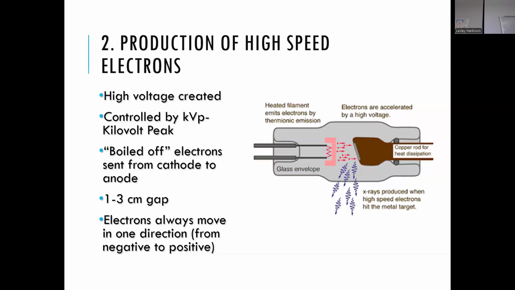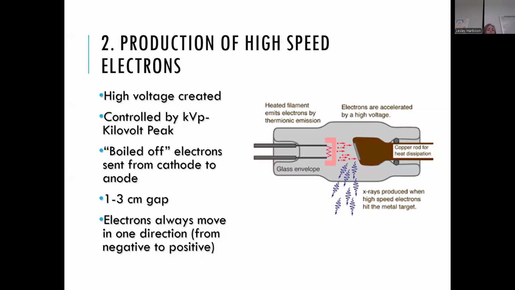But what you do need to know is in order to get high speed electrons, it's going to be controlled by KVP. Just like you want to know that MA controls the generation of the electrons, KVP, kilovolt peak, is going to make the electrons high-speed moving electrons.